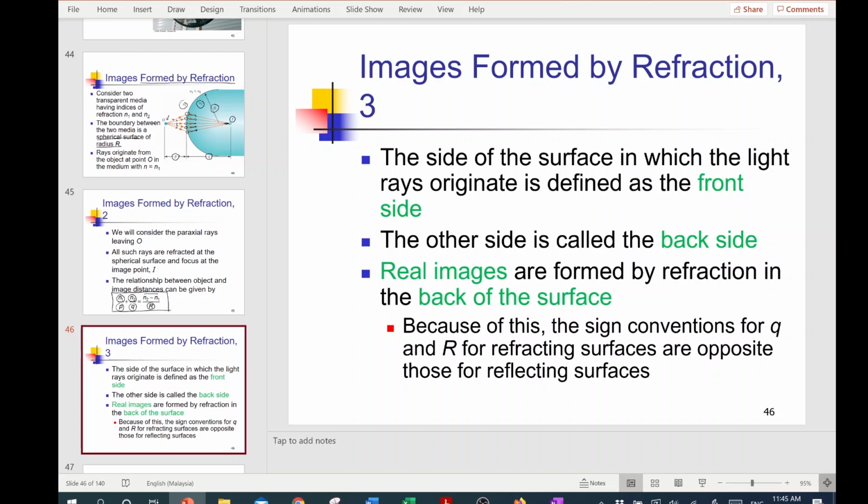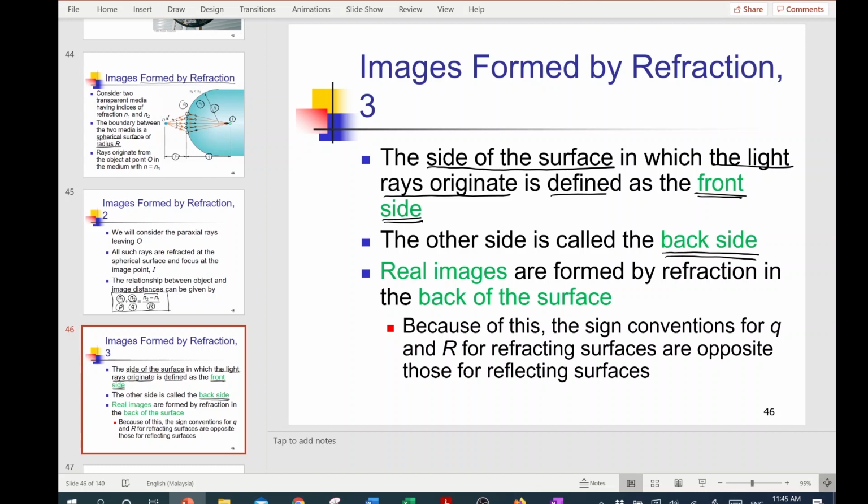In this case, the side of the surface from which the light rays originate is defined as the front side, the same as the mirror case. The other side is called the back side.